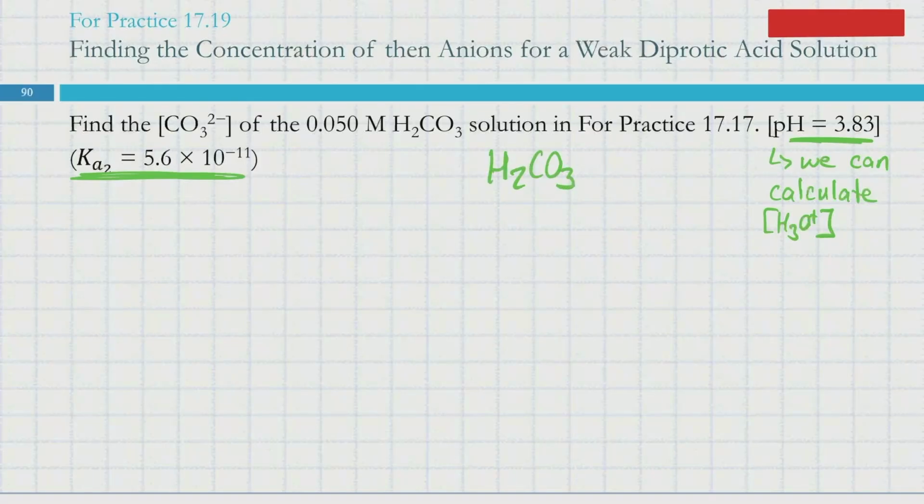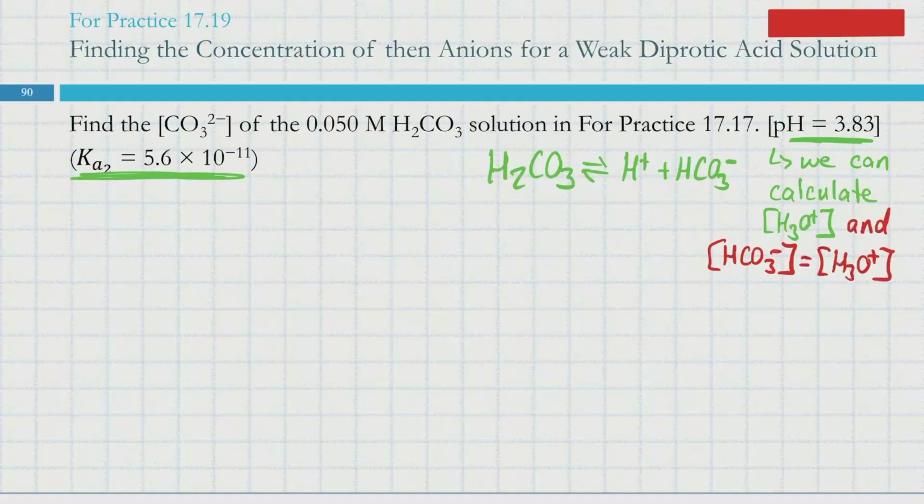And if we look at our dissociation equilibrium, our concentration of H3O plus that's formed from this equation is going to be the same ratio as our HCO3 minus. So HCO3 minus equals the concentration of our hydronium, or our protons.